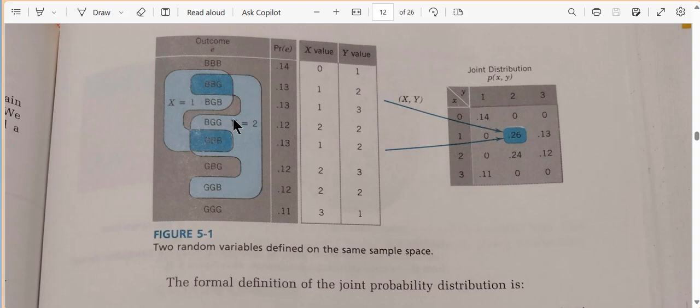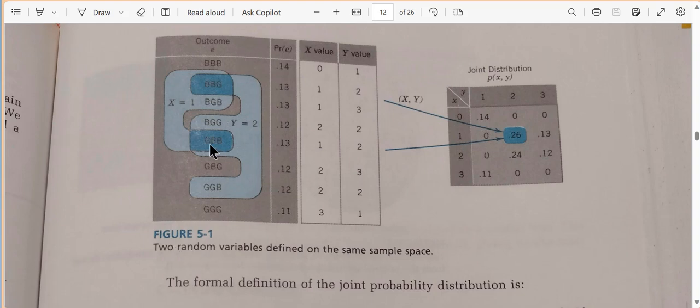It's this and this. To figure out what goes in here, we need the probability of this and this, but we have that here, 0.13 and 0.13, so that's 0.26. That's what this table is telling us, and it's called the joint probability distribution of x and y. They say we have 2 random variables defined on the same sample space.